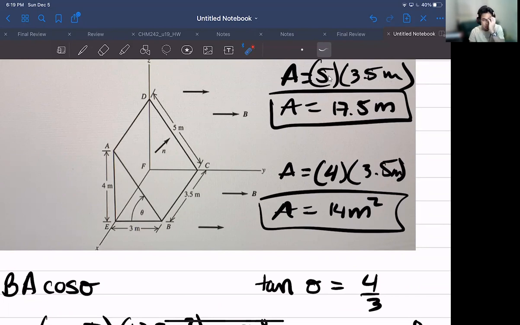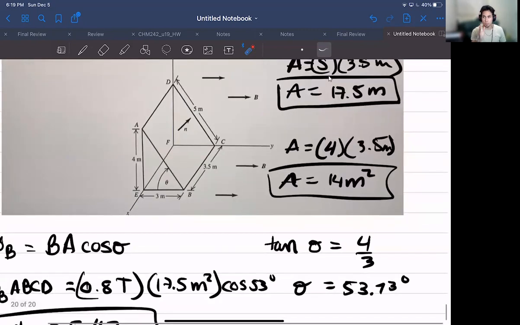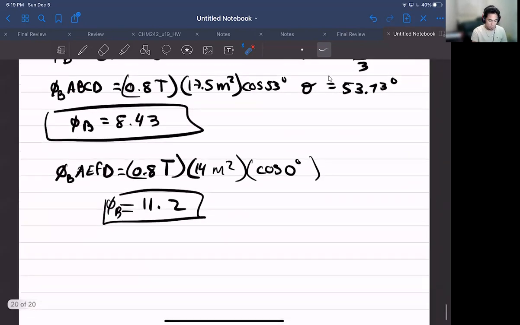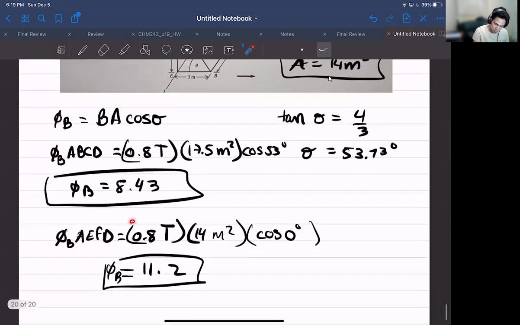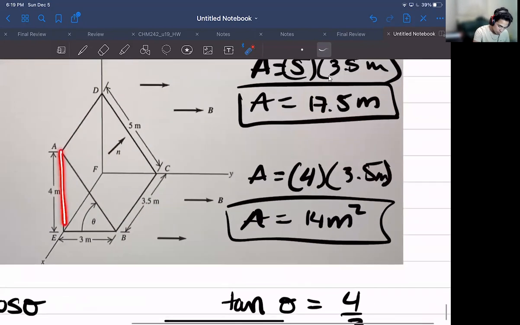So I guess it would be easier to determine the magnetic flux going through a surface whose normal line is parallel to the magnetic field. So knowing that, we get the constant magnetic field. Now we find the area of this region right here.